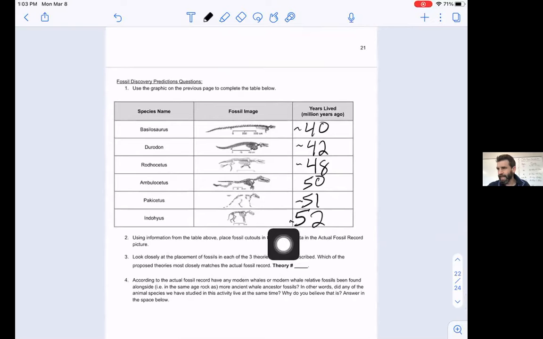This four-legged animal was discovered in rock that was about 52 million years old. And this Basilosaurus, the very close relative to modern whales, was found in rock 40 million years old. And these other, what look like transitional species, kind of on their way to becoming modern whales, were found in rocks that were aged in between in a very sort of predictable way. That's just the way they were found.